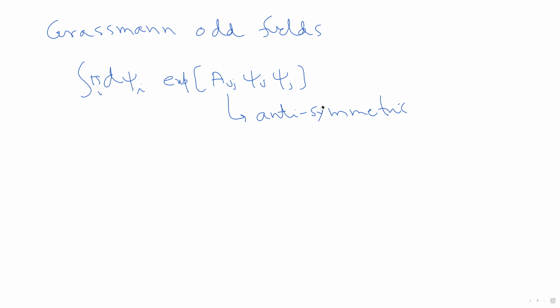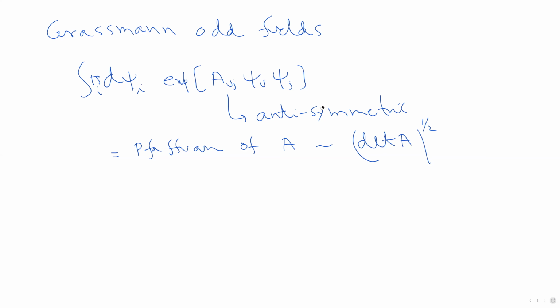Then this gives you the Pfaffian of A, which is roughly the square root of the determinant of A. Like if you have d psi 1, d psi 2, exponential of A psi 1 psi 2, you get the result A. That's the Pfaffian of the matrix, which you can also think of as the square root of the determinant of the matrix.